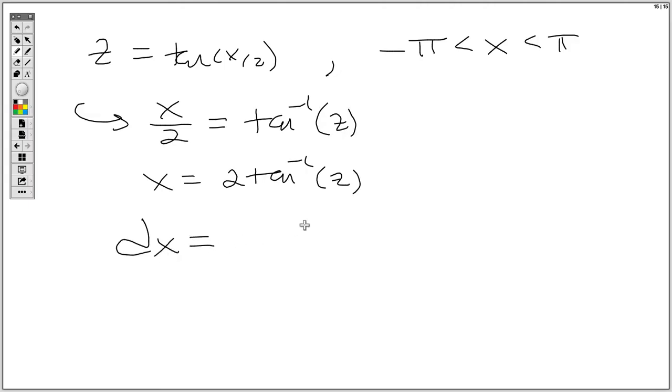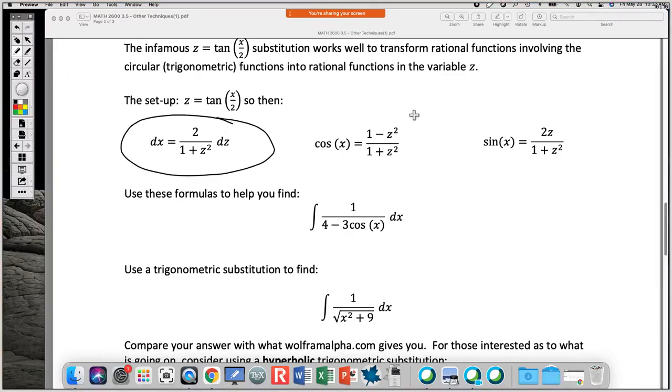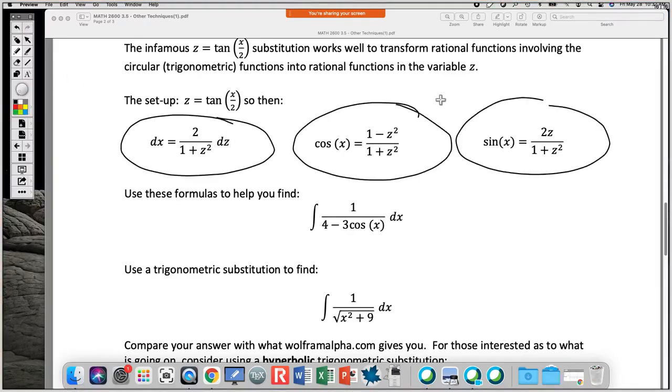And so the dx is going to be 2 over the derivative here, z squared plus 1. And then if you use this along with some other identities from trig, so that's where the dx comes from. The cosine and the sine, these are standard half angle stuff from trigonometry.